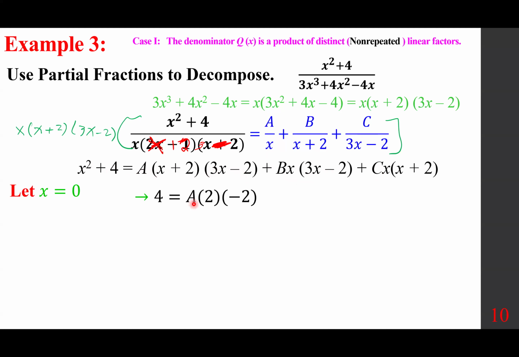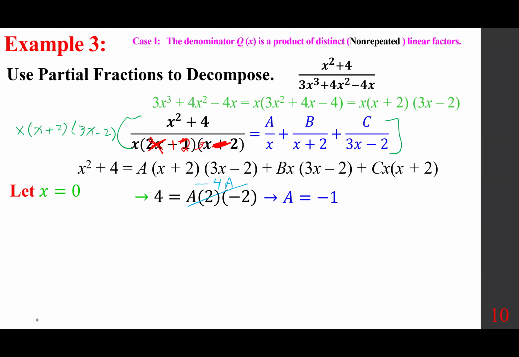Plug in 0 here, you get A times 2 times minus 2. This becomes 0. This becomes 0. So that means minus 4A, right? And A must be negative 1. I hope you see the easier way, the faster way.